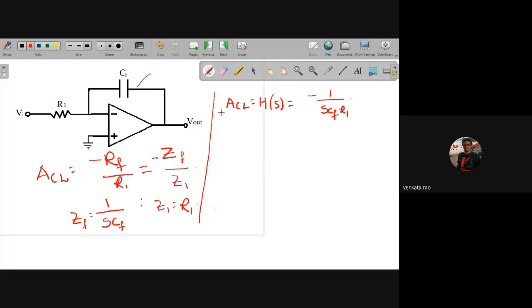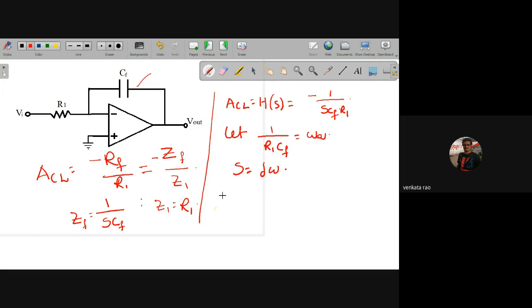Now I am taking 1 by R1 CF as omega A, let us assume. And at the same time I will take S equal to j omega.